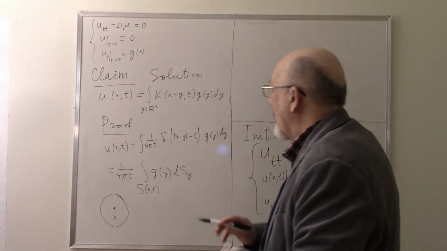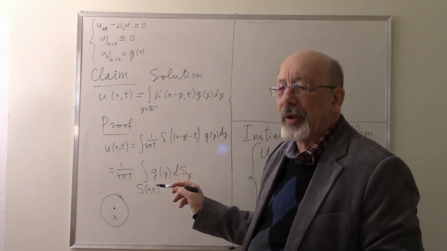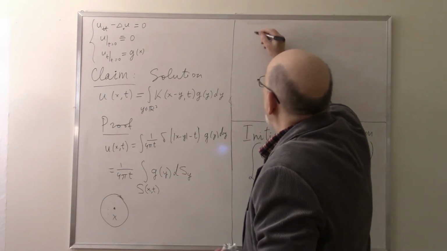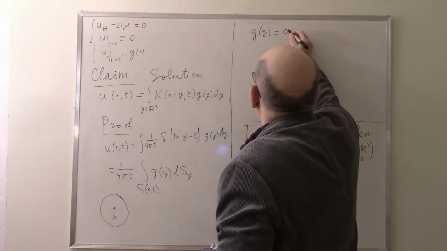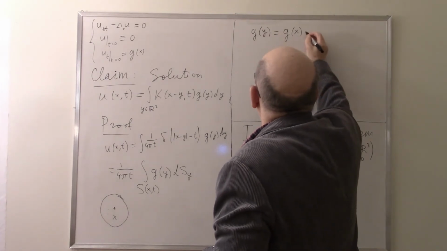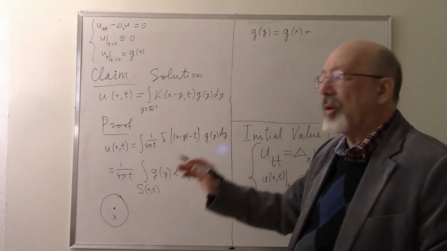First of all, the function g, I assume that it is continuous. This means that g of y equals g of x plus some small remainder when x is close to y.